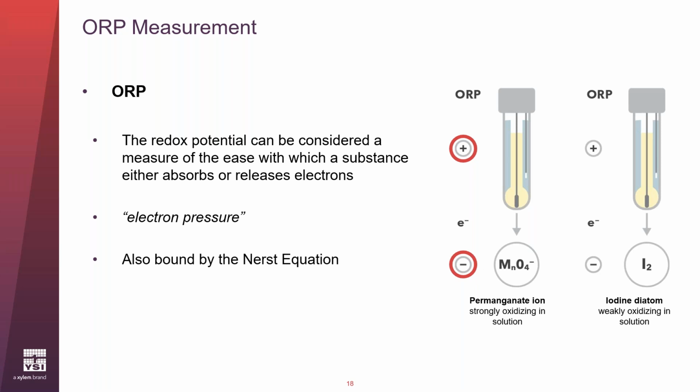ORP is also bound by the Nernst equation, except we replace the concentration of hydrogen ions with the concentration of all reducing or oxidizing species present in that solution. You can see here in the diagram the difference of signal you would get with a strong oxidizer, that's a permanganate ion, with a very weak oxidizer, which is the iodine diatom.